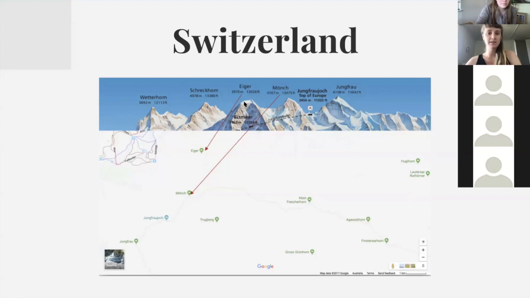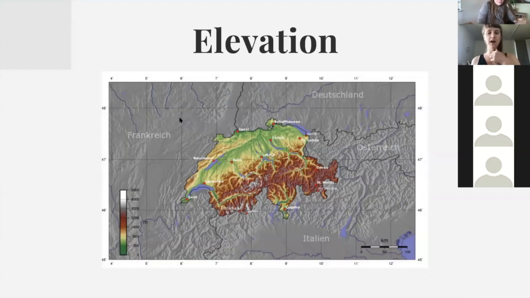Another way of doing this is to represent elevation using a color. So here you have a two-dimensional map, but from green to white, with red in the middle, you have elevation also represented. In this way, you can have a three-dimensional view of what Switzerland looks like.